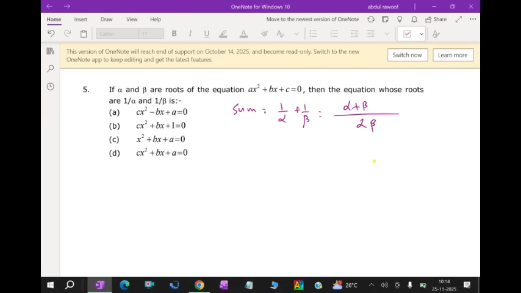Which is sum of the root is equal to minus b by a, and product, 1 over alpha into 1 over beta, which is equal to 1 over alpha beta, equal to product of the root c by a.